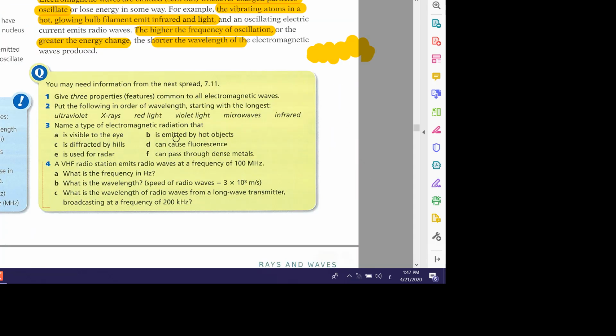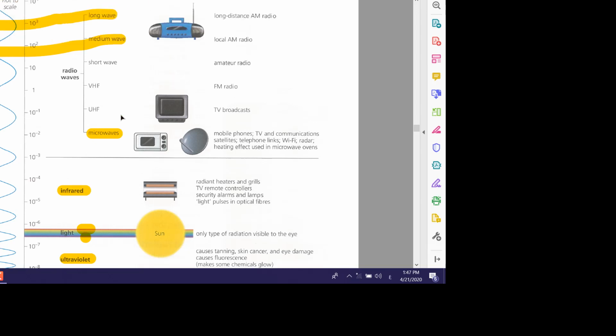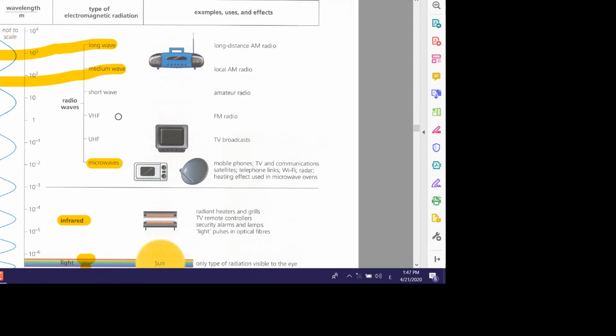Question number 3. Name a type of electromagnetic radiation that, firstly, is visible to the eye. From all of this, which one is visible to the eye? Which one can we see? Let's take an example.